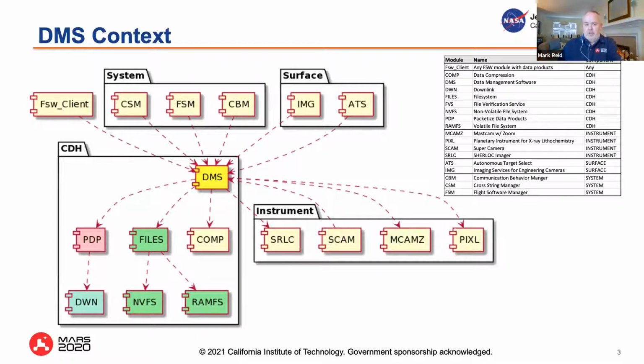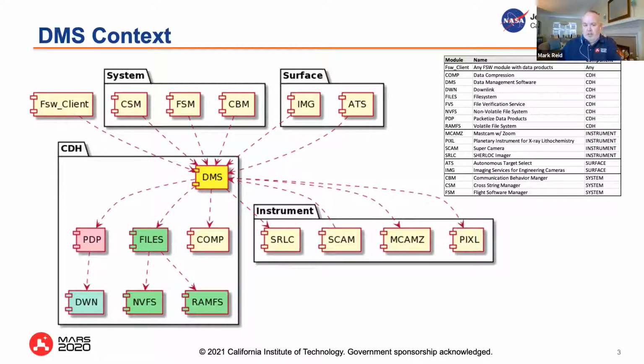And then in the surface component, you'll see the interactions with imaging and autonomous target selection, which is ATS, which we'll speak about because that's where some of the new capabilities come in. And then on the right, you'll see all the interfaces with the instruments. So there's the Sherlock instrument, the SuperCam, the MastCam with Zoom, MCAM-Z, and PIXL instruments. Those are specifically called out.